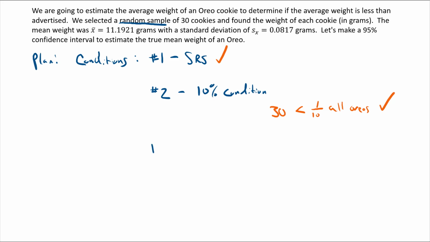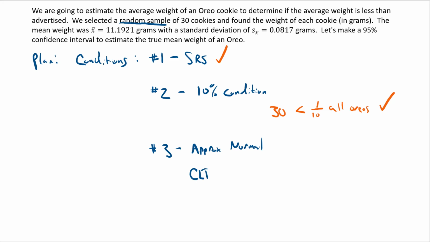And our third condition is to find out if we have an approximately normal shape of our distribution. Now, in dealing with proportions, we did large counts. And with means, we're going to deal with the central limit theorem.